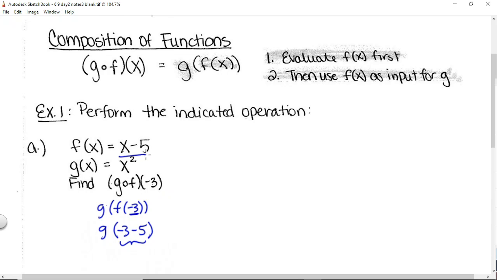Again, because f of x is x minus 5, we plug in negative 3 for the x, and we get negative 3 minus 5. So that's the input for g. And so we can go ahead and simplify that. That's negative 8.